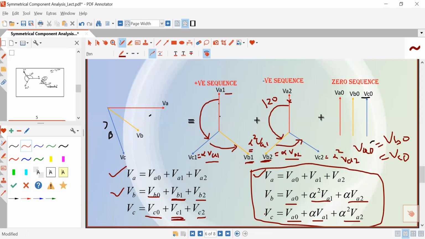You can determine the phase voltages of all three phases. So this is the technique, and it is called symmetrical component analysis.